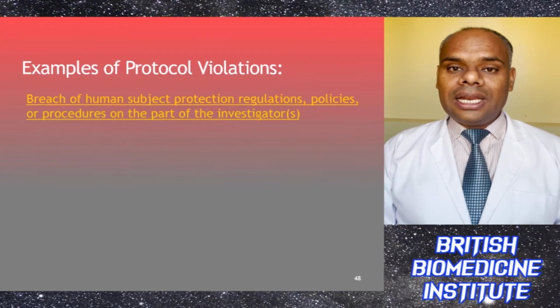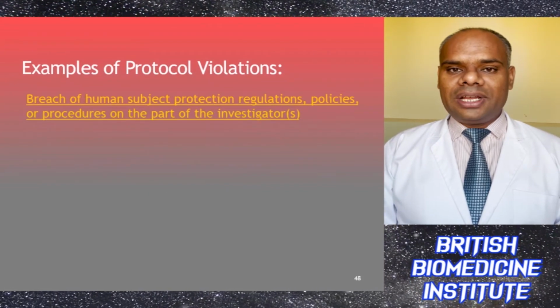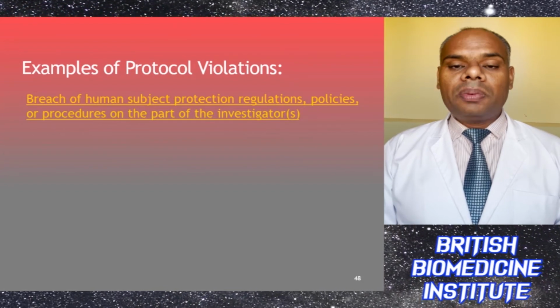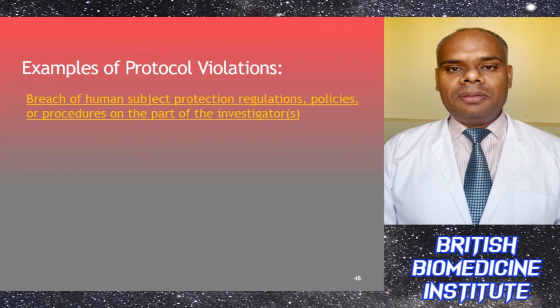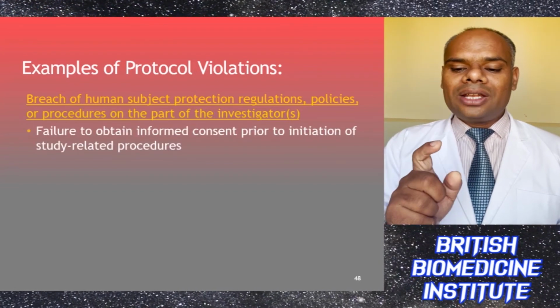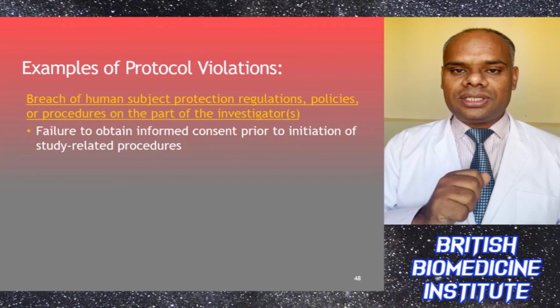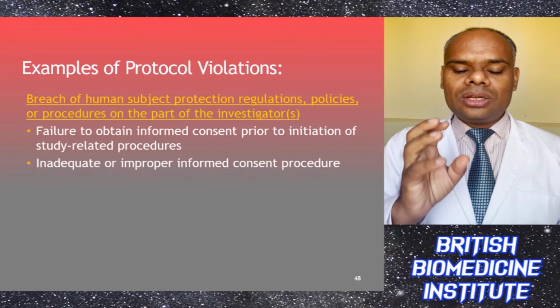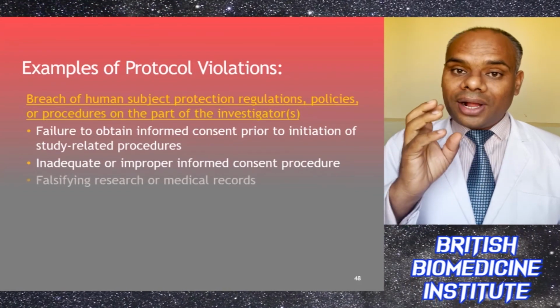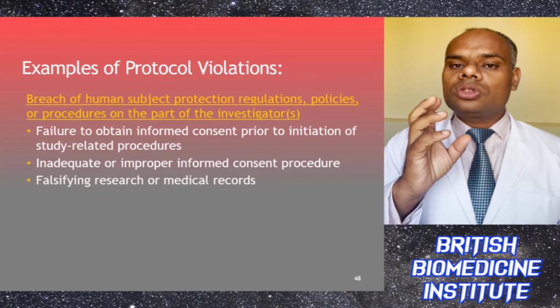So if there is a breach of human subject protection regulations, policies and procedures on the part of the investigator, then there will be a failure to obtain informed consent prior to initiation of study related procedures. Inadequate or improper informed consent procedures, or falsifying research or medical records.